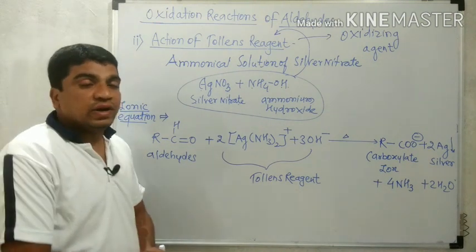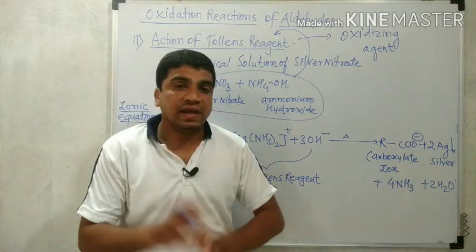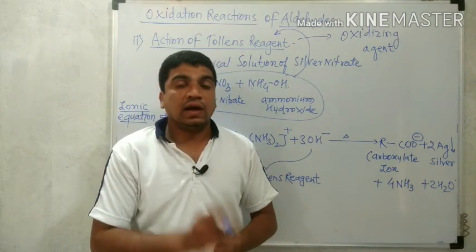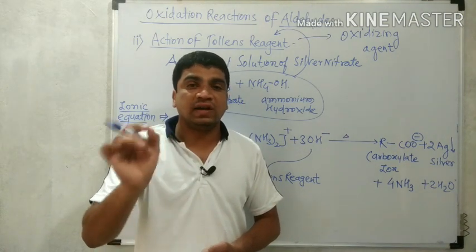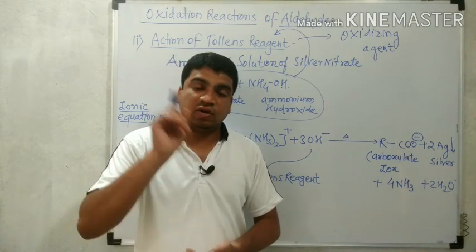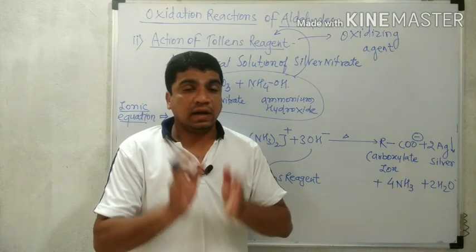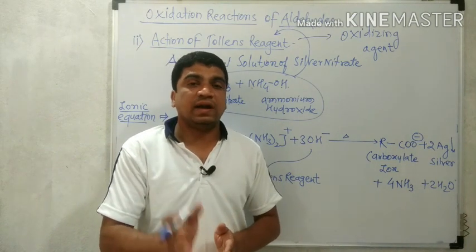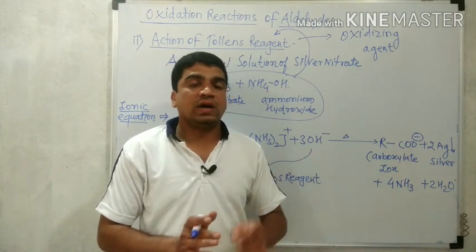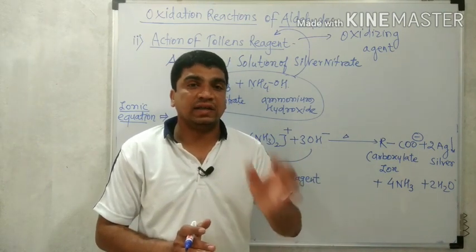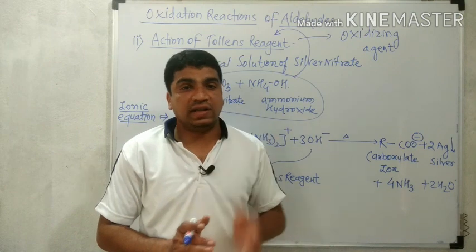It means when Tollens reagent reacts with aldehyde, aldehyde oxidizes into the corresponding carboxylate anion, like that of Fehling's. Here aldehyde is oxidized by Tollens reagent into the corresponding carboxylate ion. This is a very important reaction.